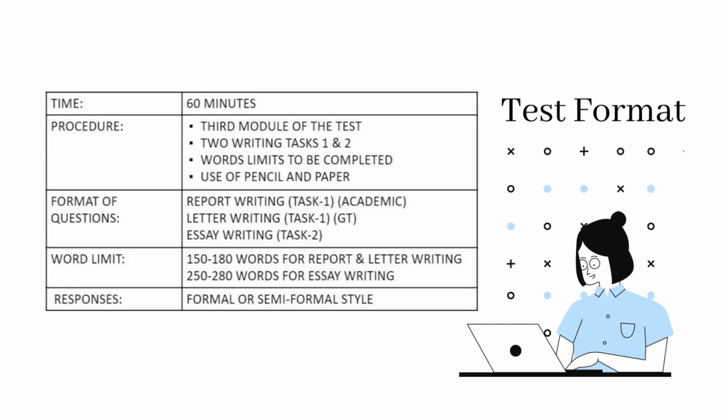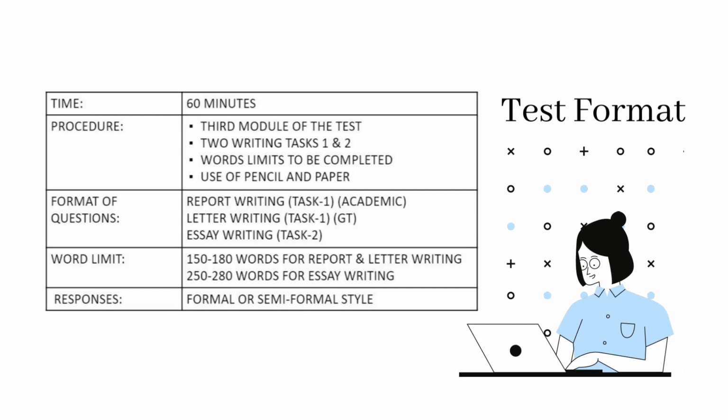Now, let us have a look at the word limit. The word limit for the task 1 is 150 words. It is same for both academic and general training task 1. And for the task 2, the word limit is 250 words and it is also same for both academic and general training.